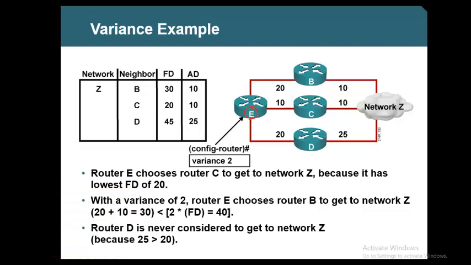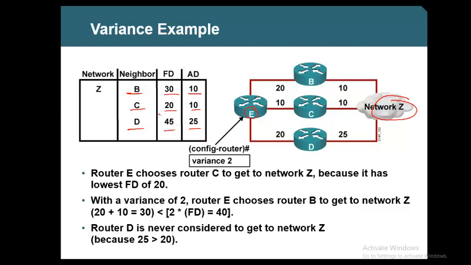Router E to reach network Z, there are three paths. Via B, the advertised distance is 10, via C, advertised distance is 10, via D, advertised distance is 25. And the feasible distances are as follows, 30, 20, and 45.